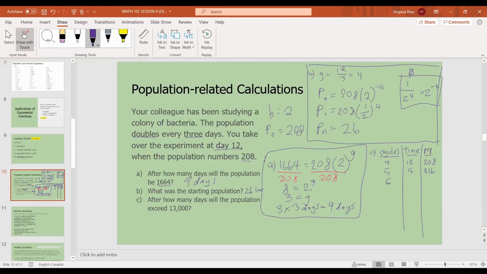Next cycle, cycle 6, it's been 18 days. It is now 832. Cycle 7, 21 days. Let's see. 1600, or not 1600, 1664.